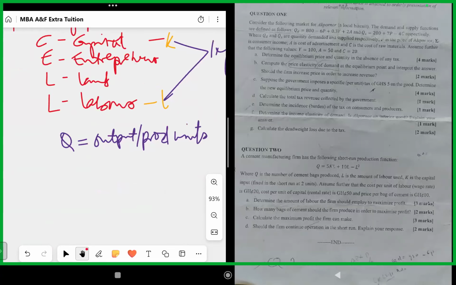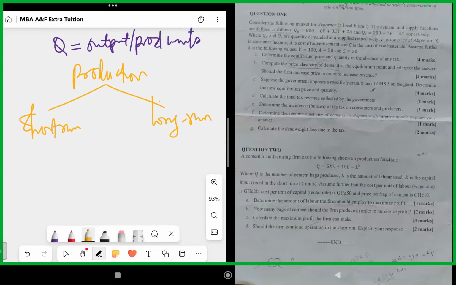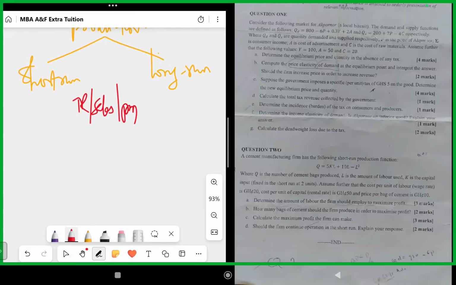So back to what you are going to say. In production, we have the short run and we have the long run. Now, in every business, for revenue, total revenue, sales, and profits, the business aims to achieve the maximum, the highest of it.